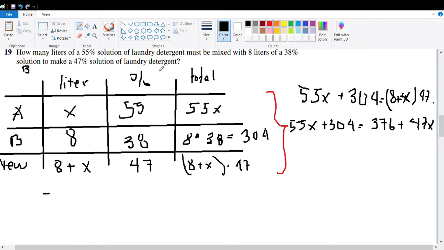Now again, our goal is to isolate x by itself, and to do so we need to draw the line, and now we subtract.